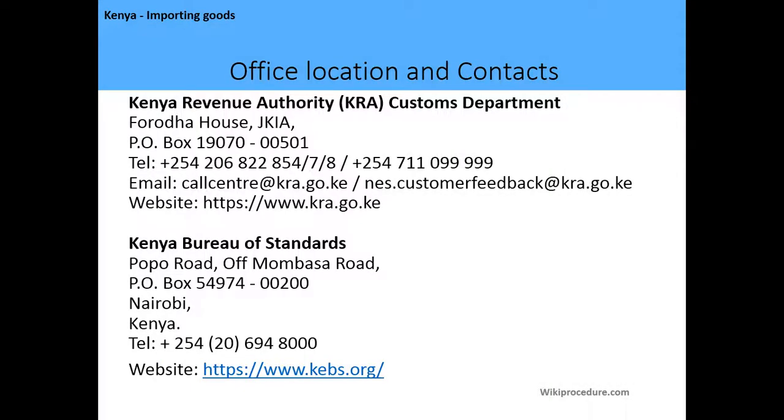The office location for the Kenya Revenue Authority is Forodha House, JKL department, and from there you can visit the customs department and submit your documents there. And you can also visit them through their website, www.kra.go.ke.